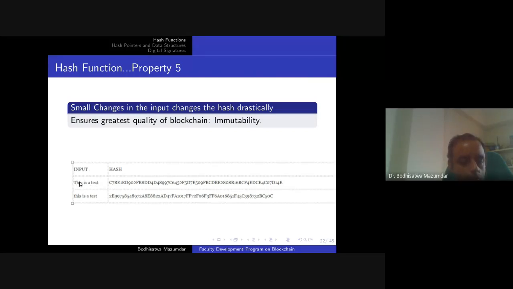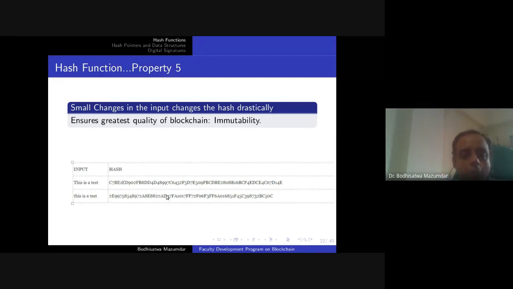In both these inputs we see that the first letter is an uppercase T here and a lowercase t here. Even if the character has been changed from uppercase to lowercase, the corresponding hashed output seems to be random. It is basically a pseudo-random string.